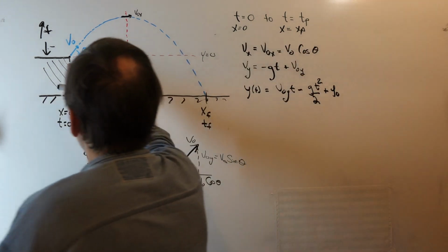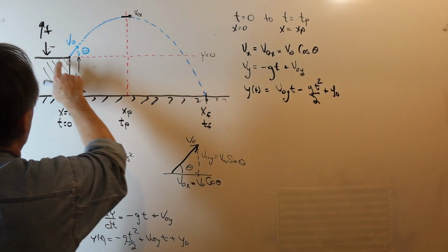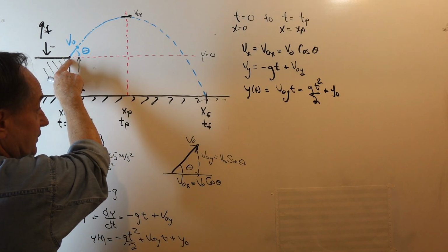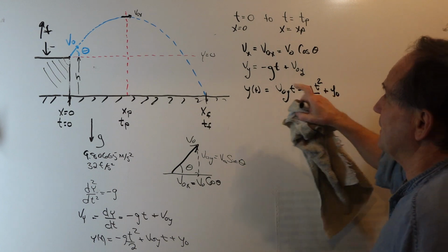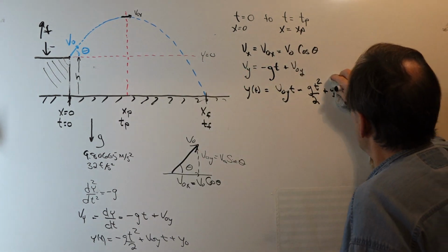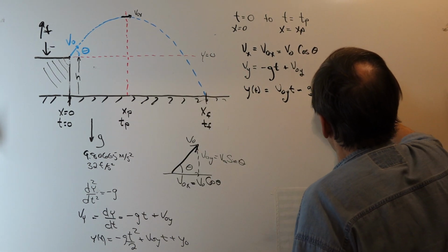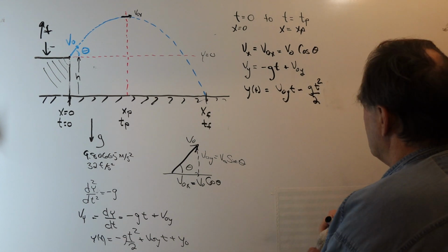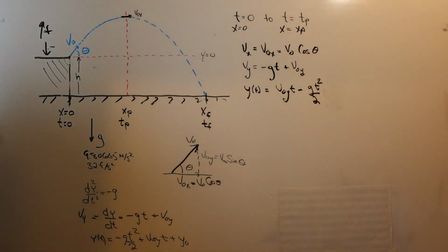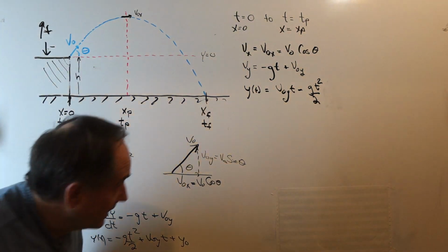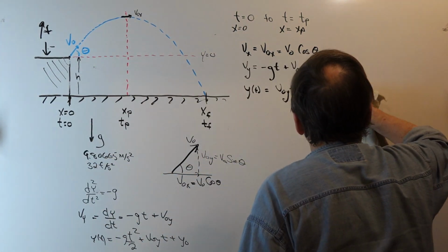Well, in this case, since y is equal to 0 at the position of where we're shooting, the y0 position is just equal to 0. So we don't need that part there. That's why I chose the origin for the y to be in line with the top of the building.